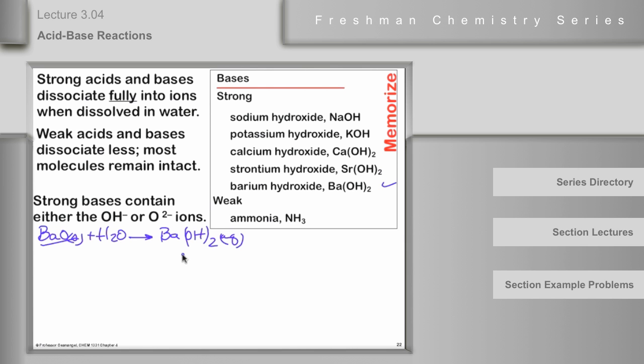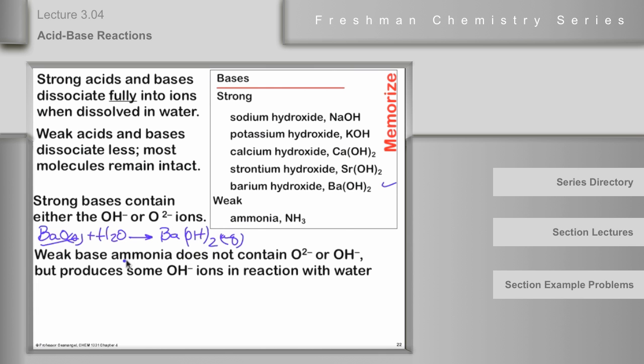The weak base ammonia does not contain either the oxide ion or the hydroxide ion, but it does react with water to produce a little bit of hydroxide ion. This is not really very much. We write the equation like this, and sometimes this solution is referred to as ammonia water.